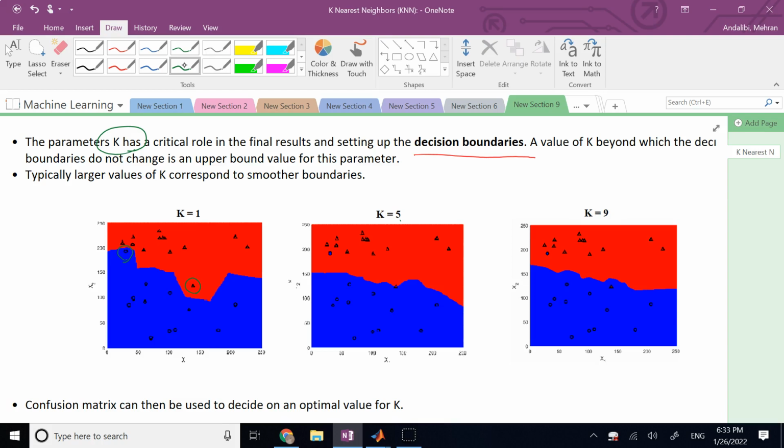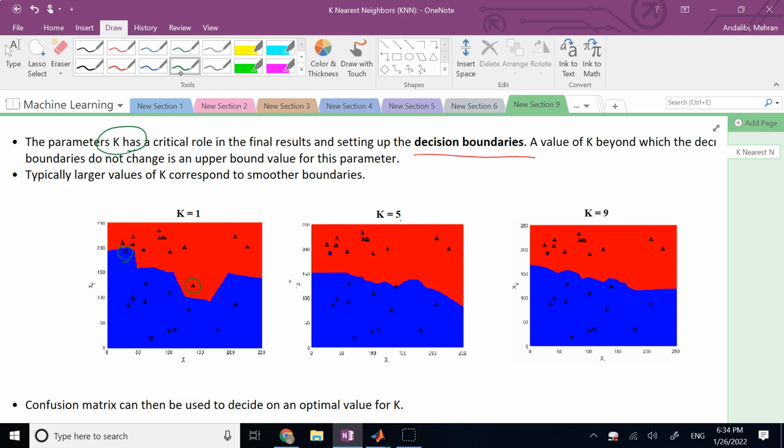It's not going to be so limited and so local. It's a little bit more global now. So a bunch of data are now going to play a role in determining the final class of the data. So it is going to be smoother, right? And not prone to a few outliers or just some local changes in the structure of the data. So bigger K's typically correspond to what? They correspond to smoother boundaries.